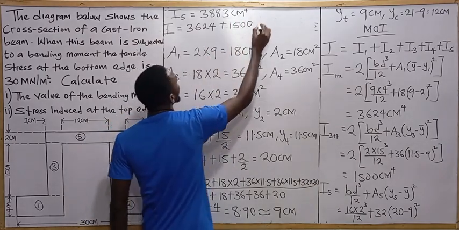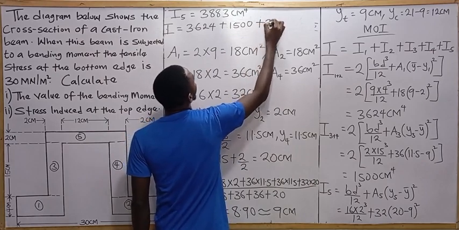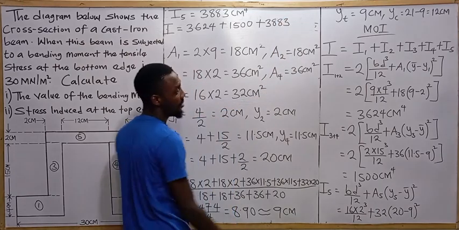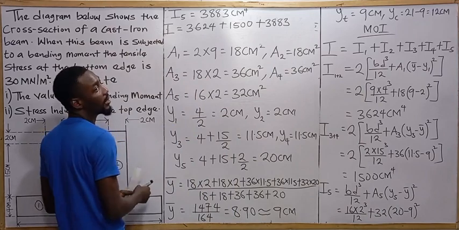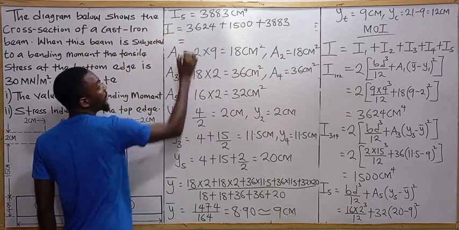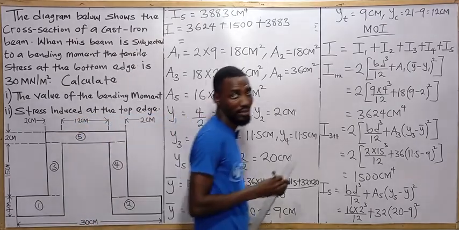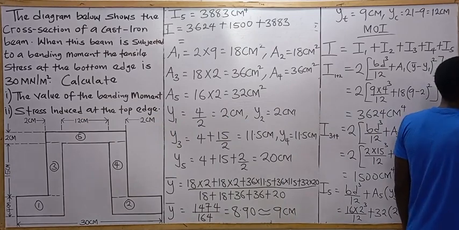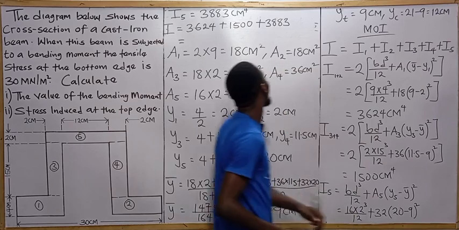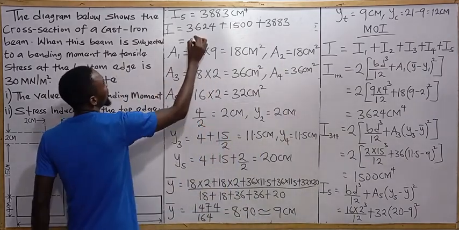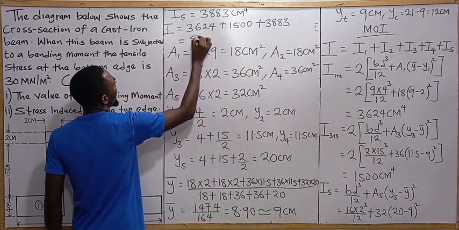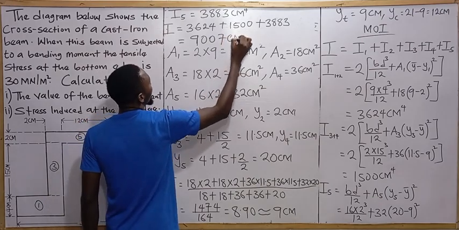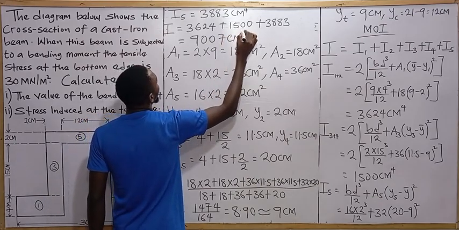And our I5 is going to be 3,883. So now, if we sum everything together, you are going to have 9,007 centimeter to the power of 4.